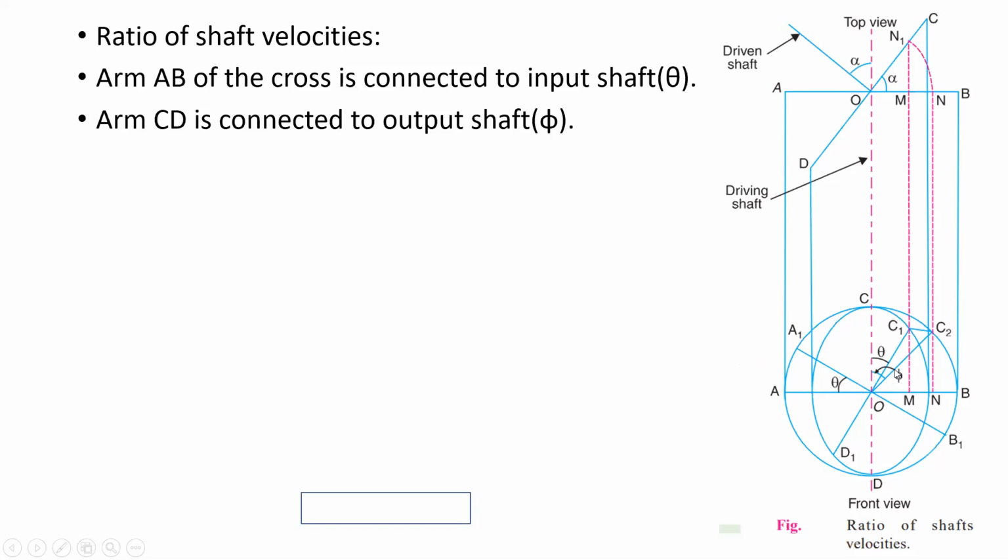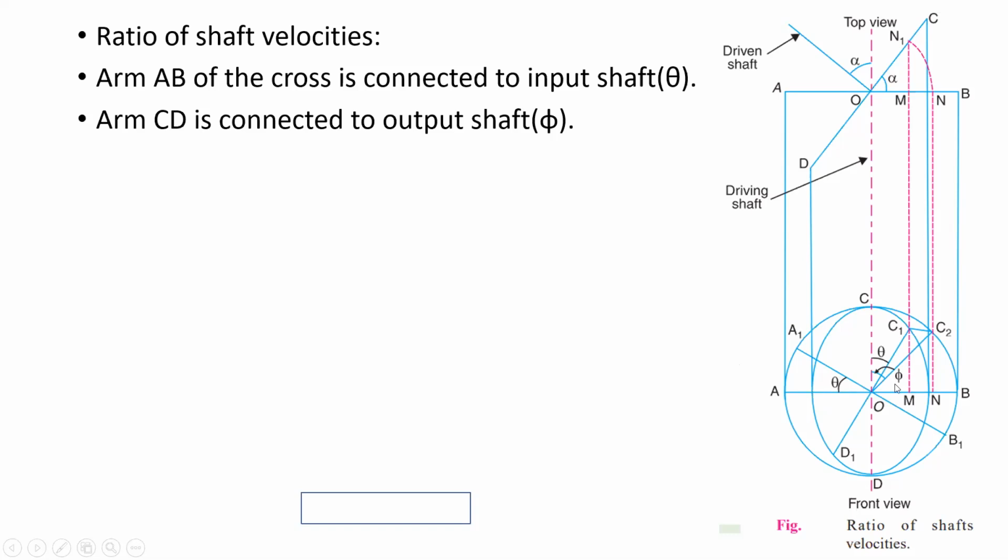At any time the angle phi can be greater than theta, it can be less than theta, or it can also be equal to theta, depending on the value of theta.